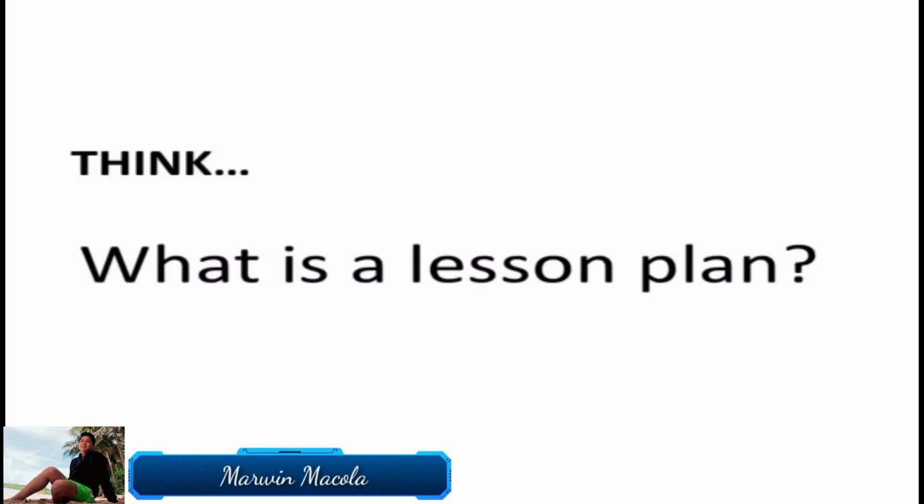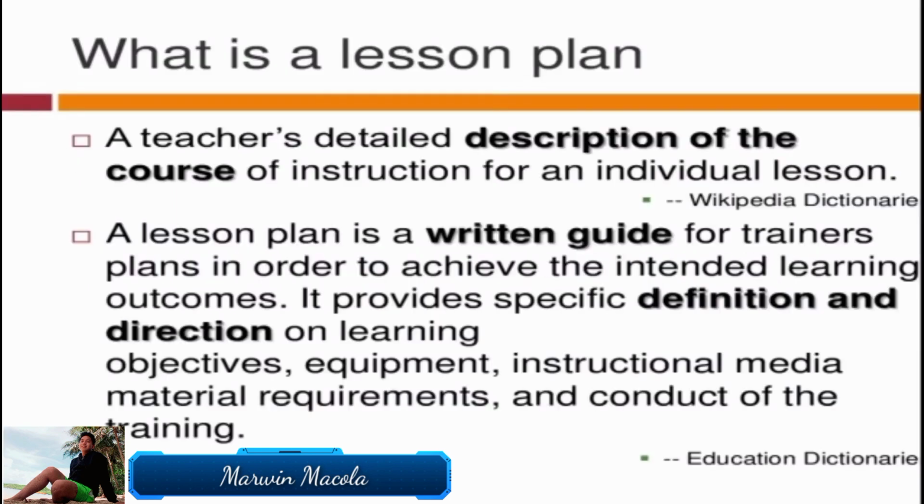So, let's all think, what is a lesson plan? According to Wikipedia, it is a teacher's detailed description of a course of instruction for an individual lesson. According to the Education Dictionary, a lesson plan is a written guide for trainers, planned in order to achieve intended learning outcomes.